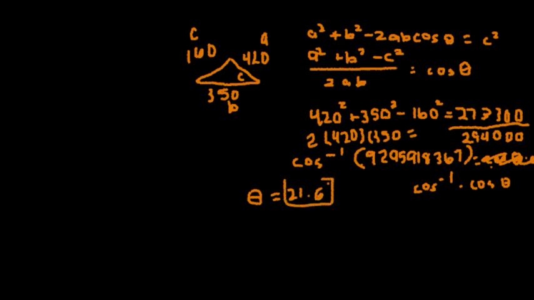And that would be the smallest angle on this triangle. Okay? That would be this one. Yeah, this would be the smallest angle, which is C.